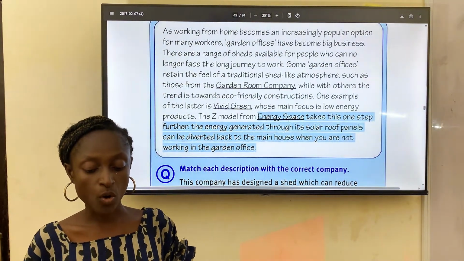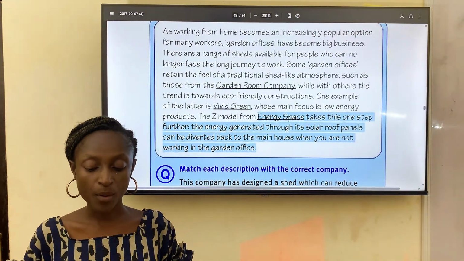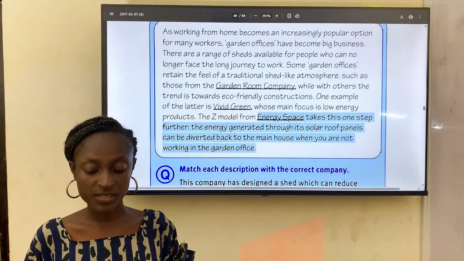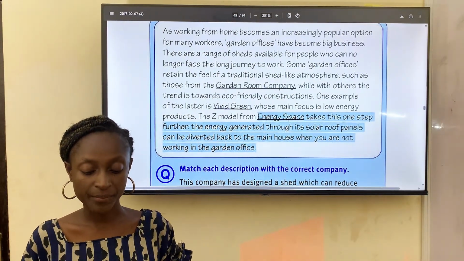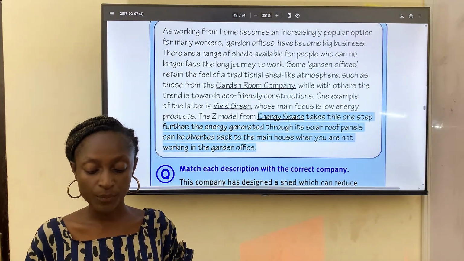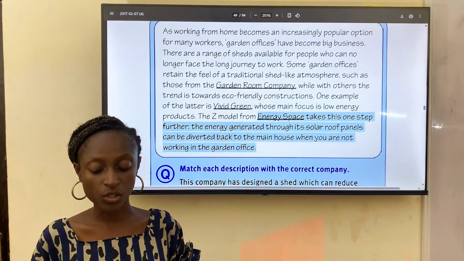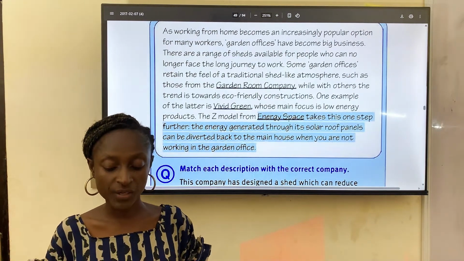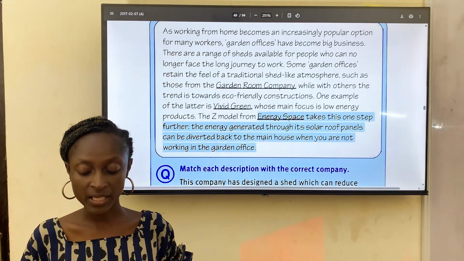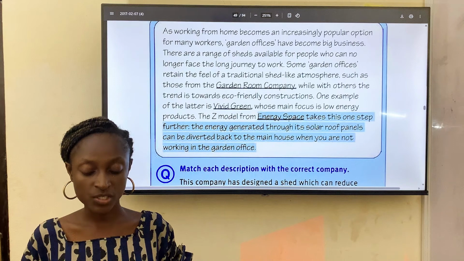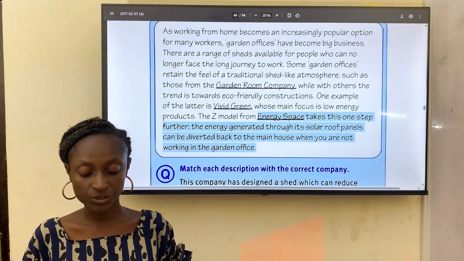As working from home becomes an increasingly popular option for many workers, garden offices have become big business. There are a range of sheds available for people who can no longer face the long journey to work. Some garden offices retain the feel of a traditional shed-like atmosphere, such as those from the Garden Room Company, while with others, the trend is towards eco-friendly constructions.